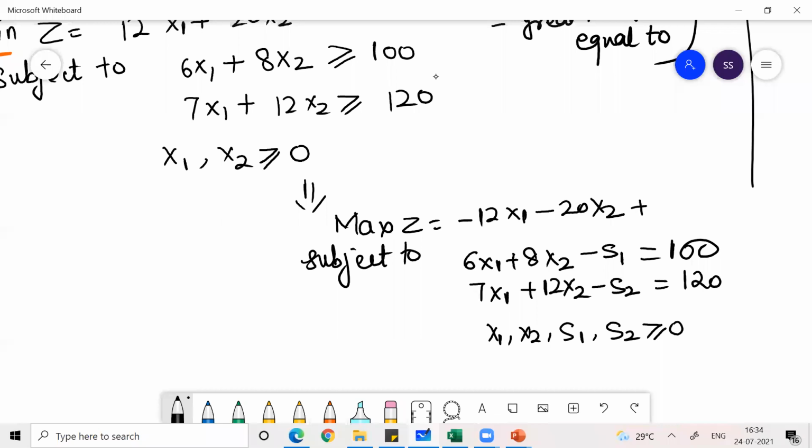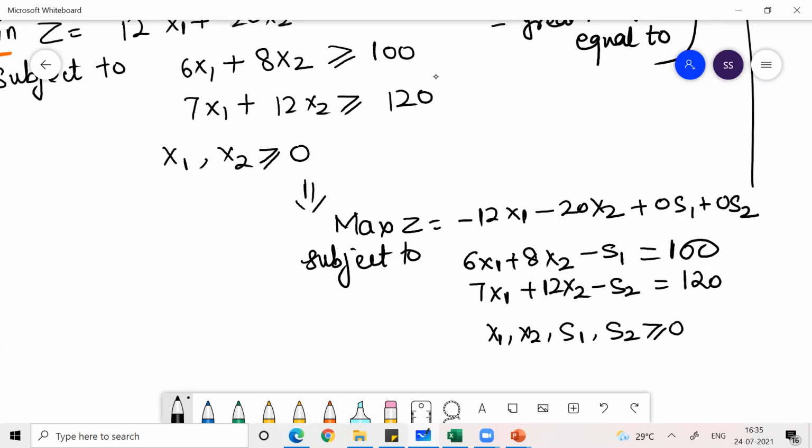And here you can write plus 0 s1 plus 0 s2. So in this problem, you introduce two negative slack variables, because in this problem we had two constraints with greater than or equal to inequality.